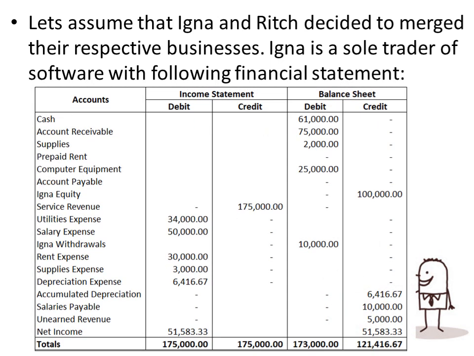Cash, 61,000; accounts receivable, 75,000; supplies, 2,000; prepaid rent, 0; computer equipment, 25,000; accounts payable, 0; Igna equity, 100,000; service revenue, 175,000; utilities expense, 34,000; salaries expense, 50,000; Igna withdrawals, 10,000; rent expense, 30,000; supplies expense, 3,000; depreciation expense, 6,416.67; accumulated depreciation, same as depreciation; salaries payable, 10,000; unearned revenue, 5,000; and income, 51,583.33. If you would see, it's the same as the income statement.